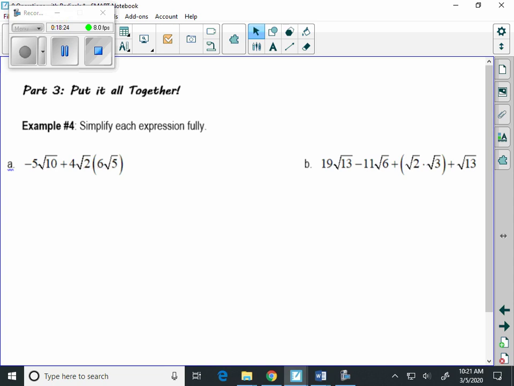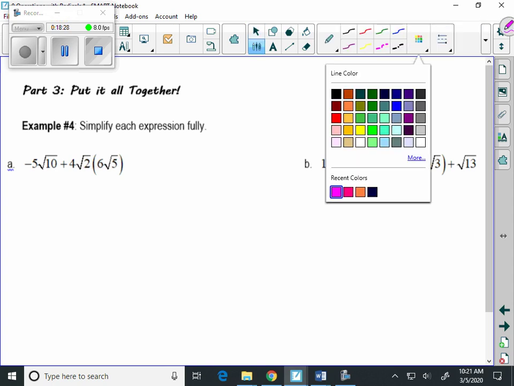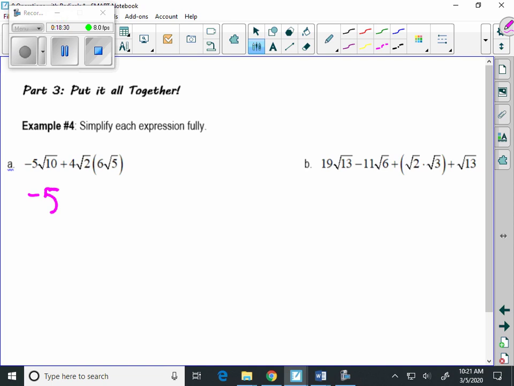Try one more. Negative 5 square root of 10 plus 24 square root of 10 when we multiply. And what we see is that we have like terms. We've got the square root of 10 in both of those terms. So we're going to add or subtract the coefficients. Negative 5 plus 24 gives us 19 square root of 10.